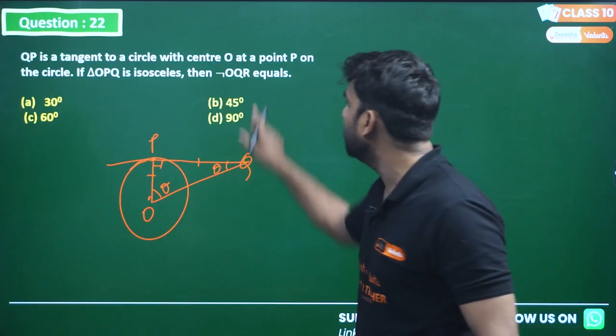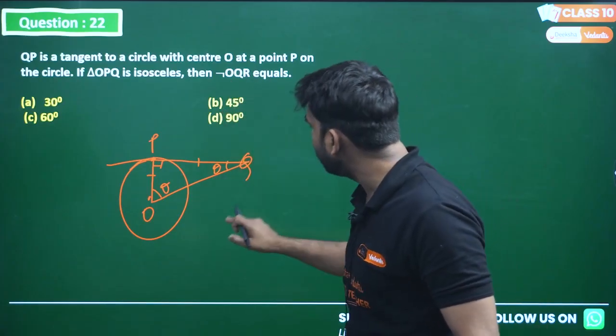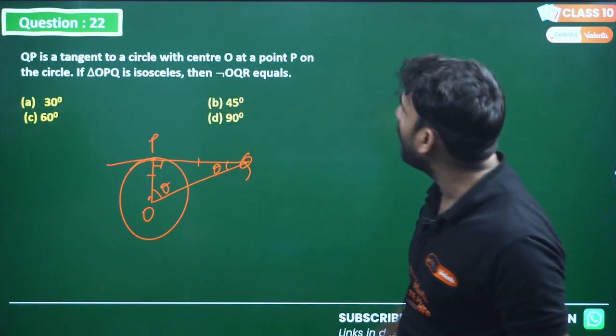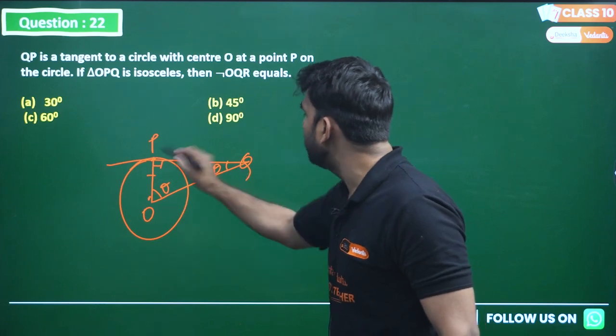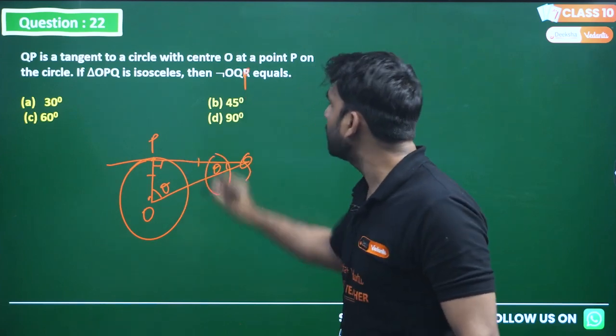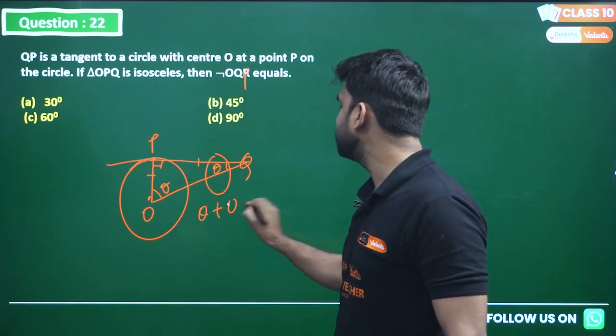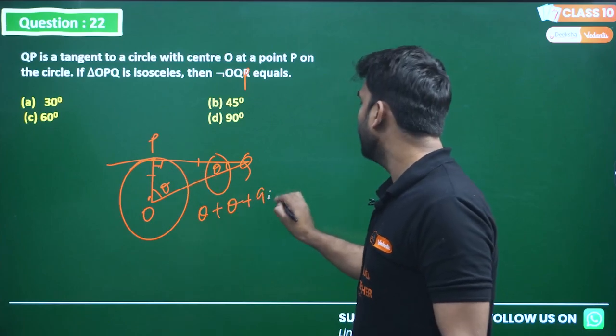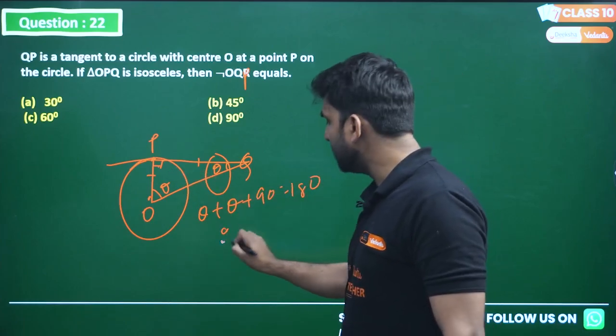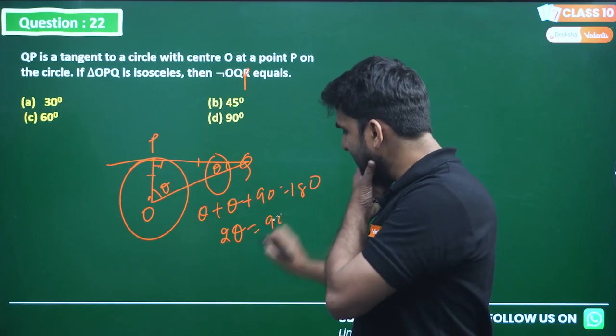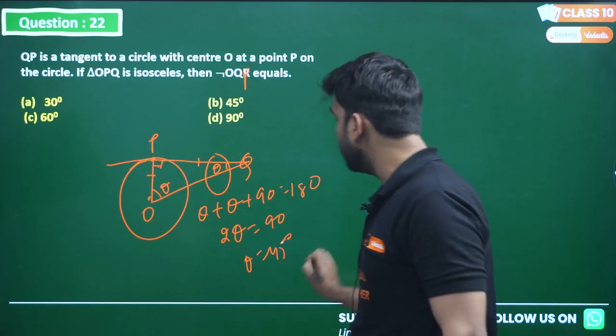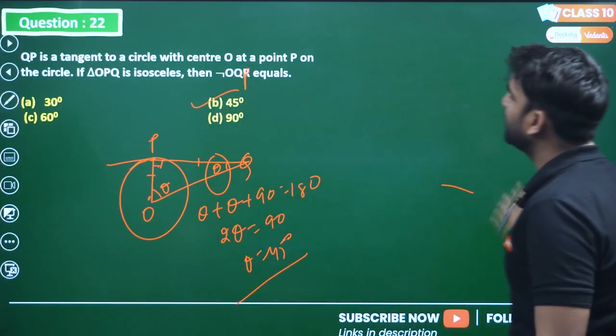So OQP will be 30. Theta plus 30 plus this 90 will be equal to 180. So 2 theta will be 90, so theta is equal to 45 degrees. 45 degrees is the answer. Moving to next question, my dear.